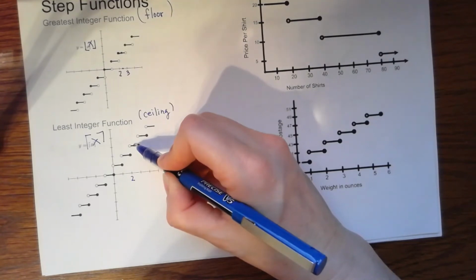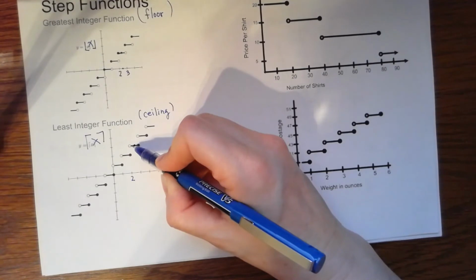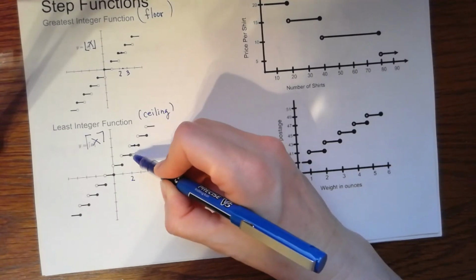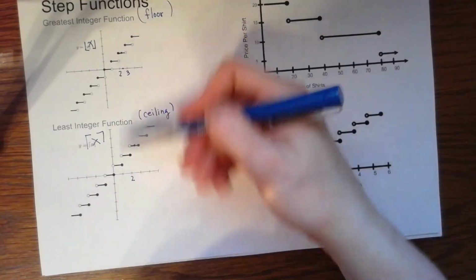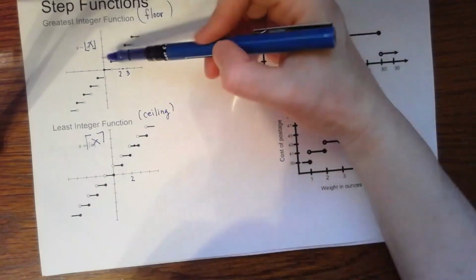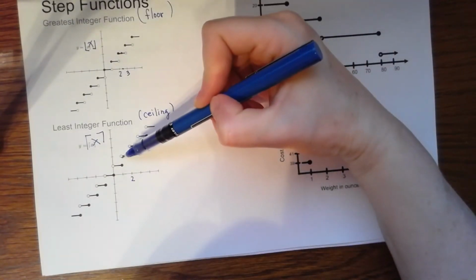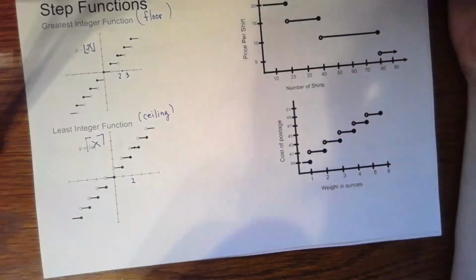Same thing for 2.3 and 2.1 and 2.07, but when I get to 2, now 2 is the least integer that is greater than or equal to 2, because it's equal to 2. These are very similar, but notice the open circles are on the other side. They're just slight variations.